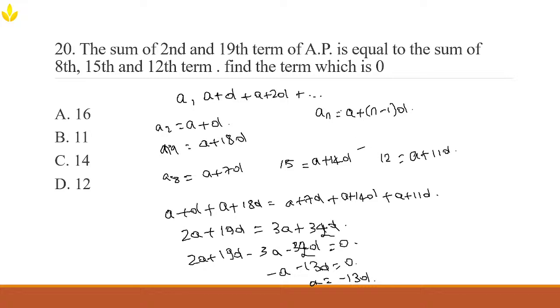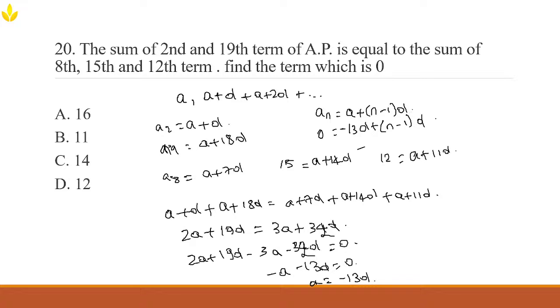So let us substitute into the nth term to find out for which term it is 0. The a value we got is minus 13d, plus n minus 1 into d. We need to find the value of n, where the final term is nothing but 0.